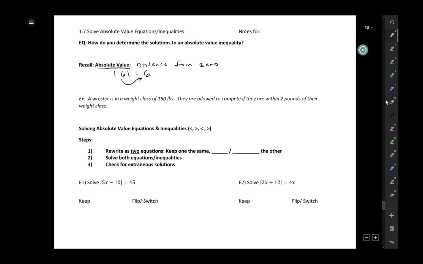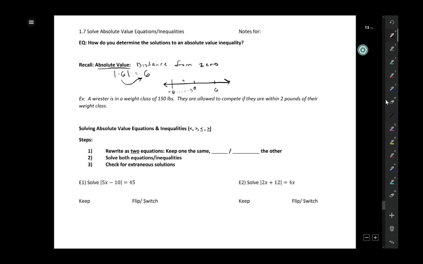If you're walking from -6 to 0, you moved 6 units, positive.